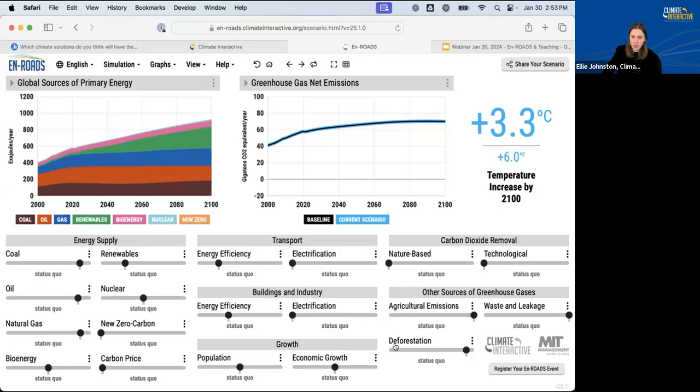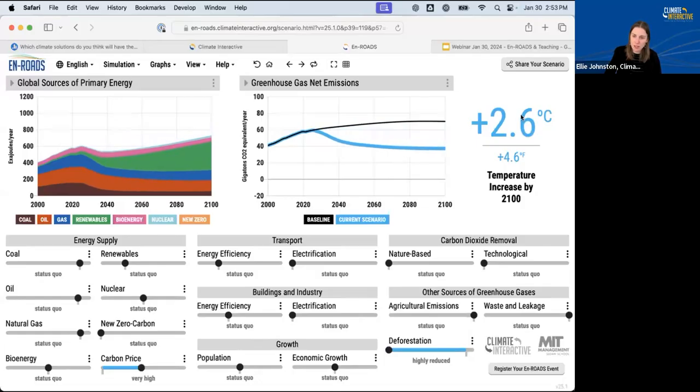You saw in our very brief little demo where I took deforestation back and I implemented a carbon price. We got to 2.6. Maybe we boost renewables and we boost energy efficiency and scale up electric transport. You can see it comes down.